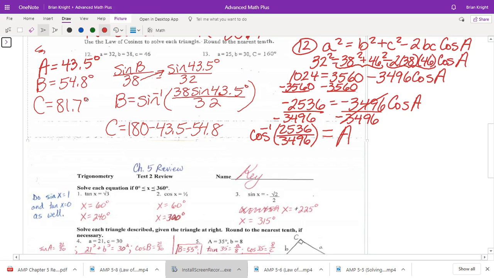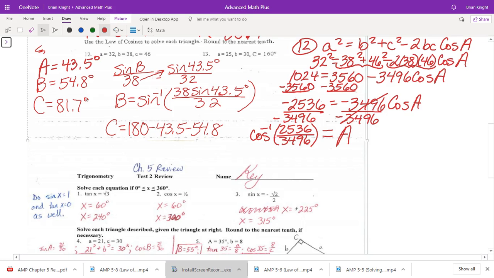Again, I told you yesterday, I like checking to make sure I'm not wrong. I'm not really checking to make sure I'm right when I do what I'm about to do. If 81 is the biggest angle, angle C, which side should be the biggest side? Side C. Is side C the biggest side? Yes.